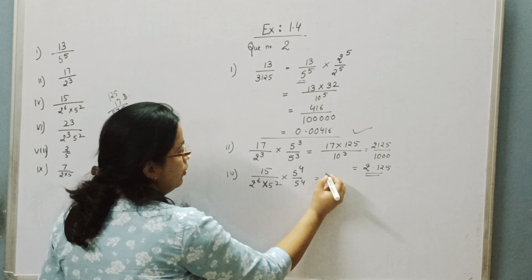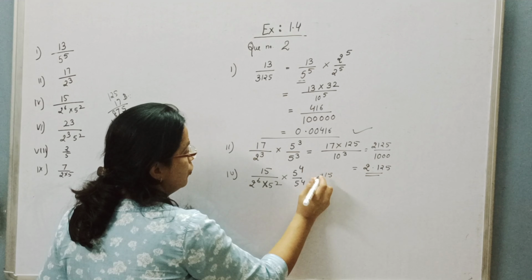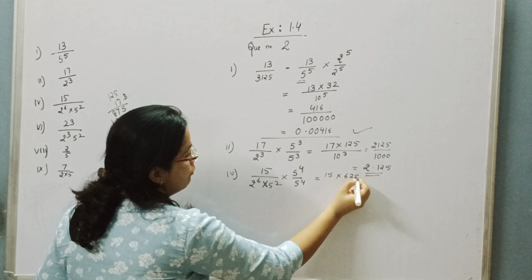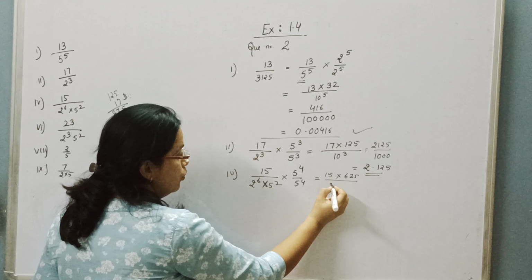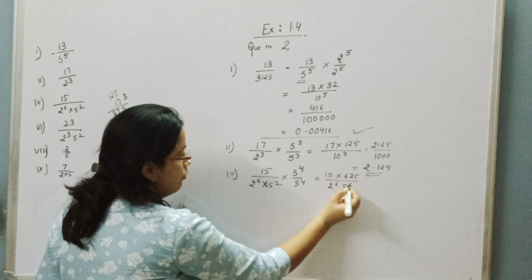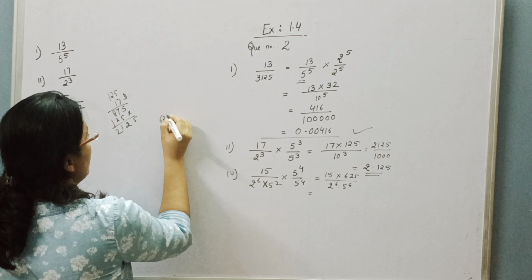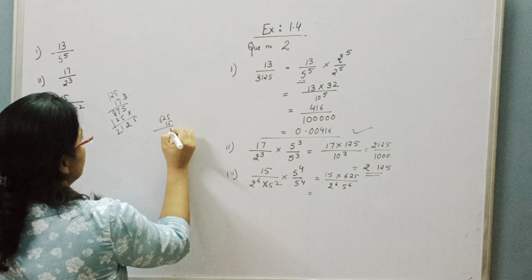So it would be 15 into 5 raised to power 4, 625, over 2 raised to power 6 and also 5 raised to power 6. Multiply 625 by 15.